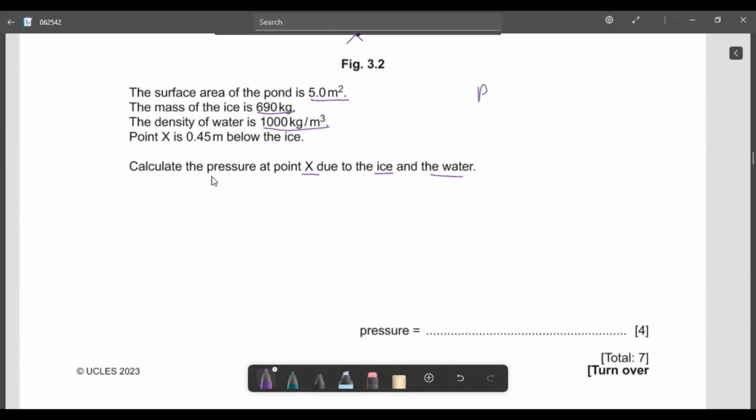So pressure due to water can be written as rho g h. Rho is the density of water, that is given as 1000 kilogram per meter cubed, and g is gravity, that is 9.8, and height is given as 0.45 m.